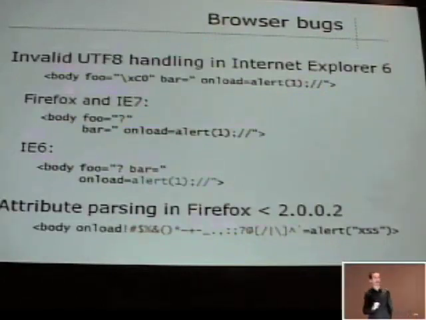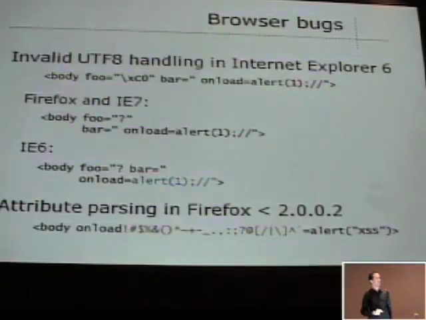IE6, however, will parse this 2-byte character, and it will see that it's 2 bytes. So it will skip over the second byte, and this allows you to eat the closing quote of the attribute, because both the C0 byte and the quote byte that follows will be replaced with a question mark.